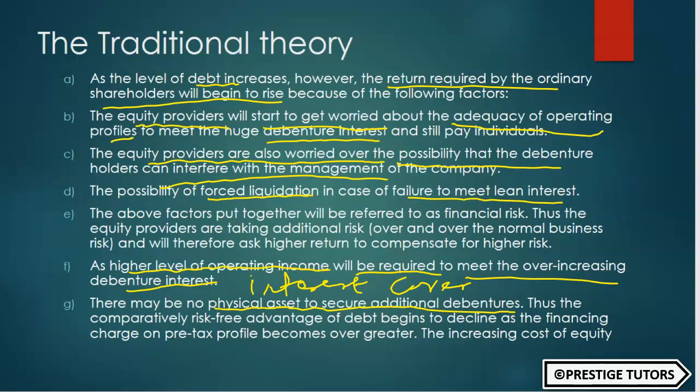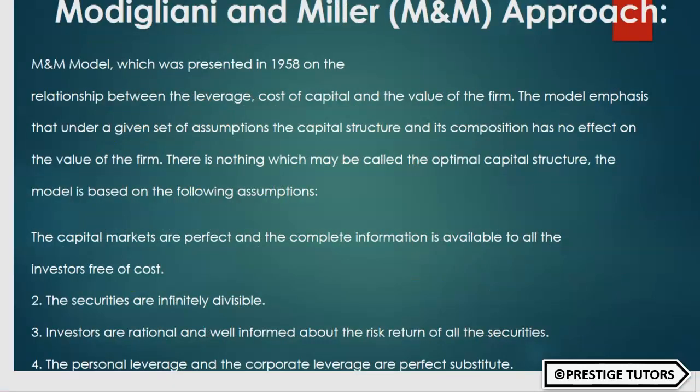Now, let's look at M&M. What did they say? They say there's a relationship between leverage, cost of capital and the value of the firm.